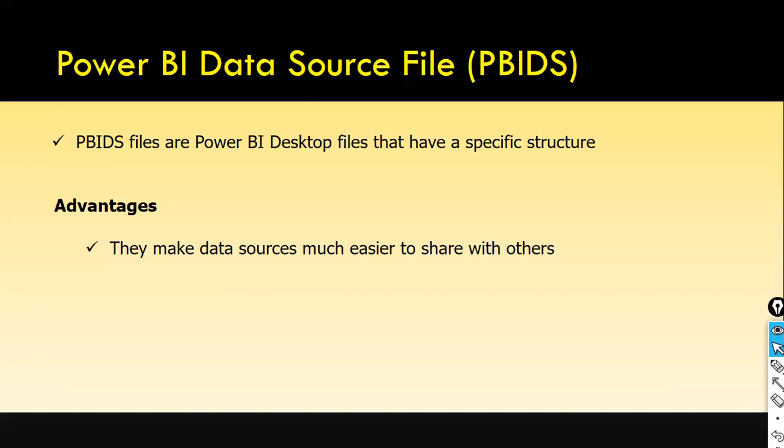So this is your report file, the PBIX file. Here I'm using all kinds of files: the table, XML file, JSON file, CSV file, Excel file, because the data comes from different source systems.